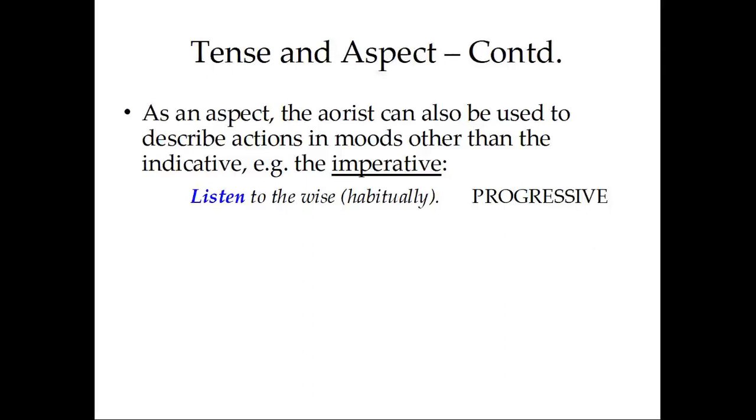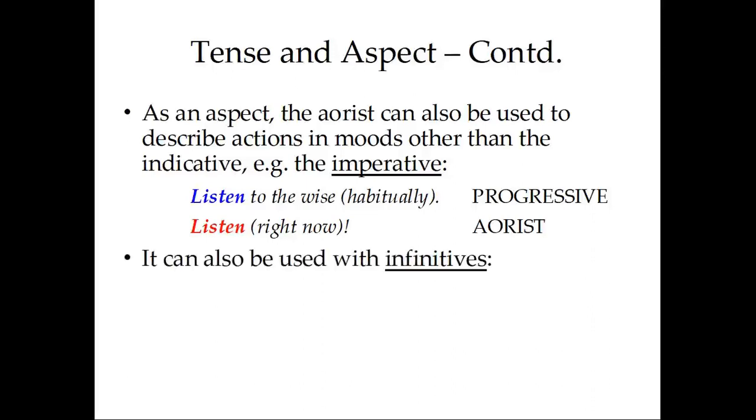So all the imperatives we've seen so far have been in the progressive aspect. They've been commands to do something on a regular basis or habitually or more than once. But we have something like also listen, as in right now, on this one occasion, once. To express a command like this, we would use the aorist imperative.